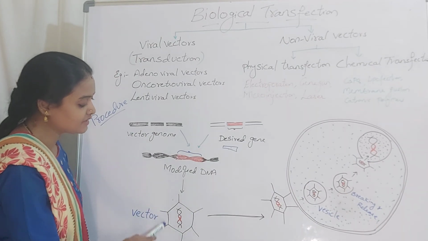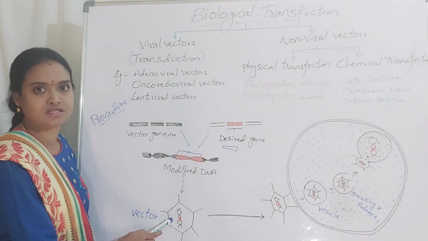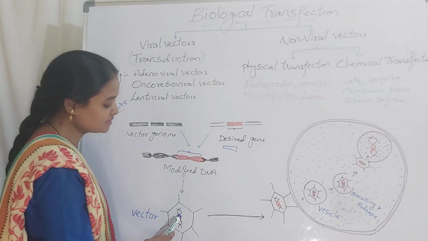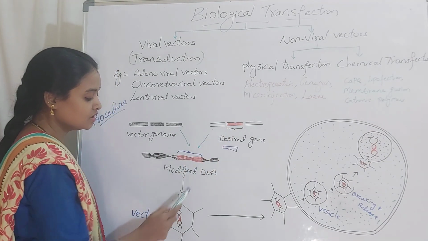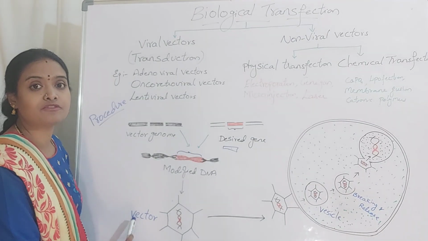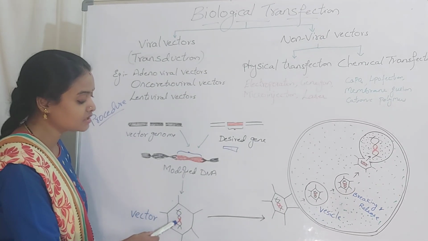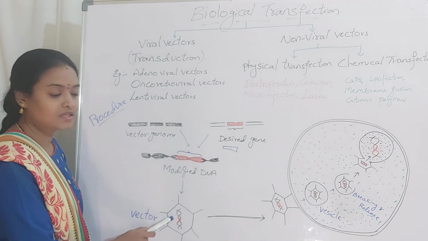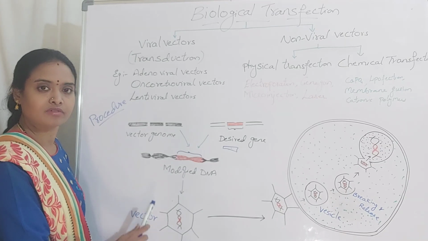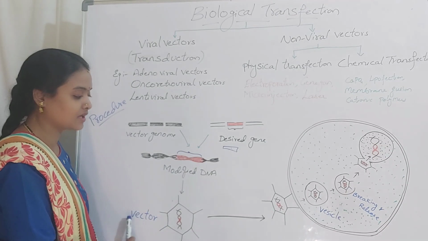Now this virus acts as a carrier vehicle for the desired gene. The virus helps us to transfer or integrate this desired gene into the animal cell. The virus carrying the modified gene is referred to as a vector.